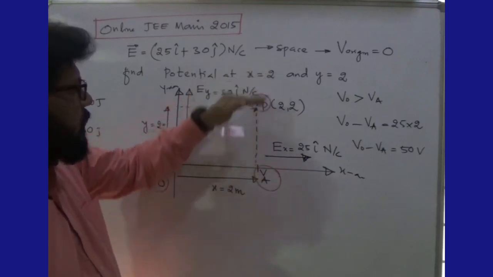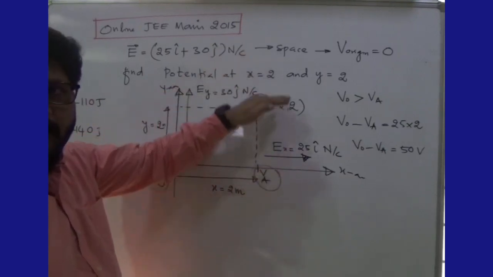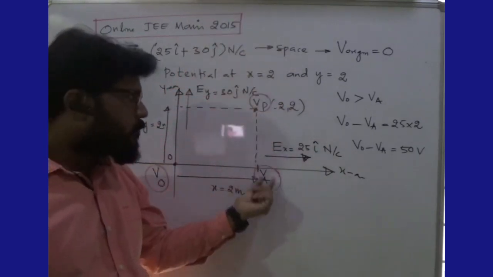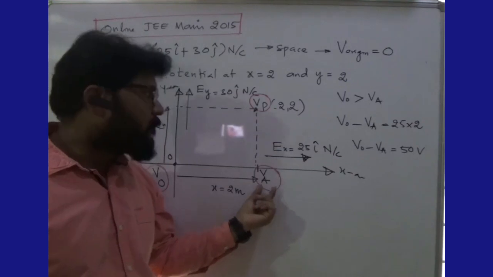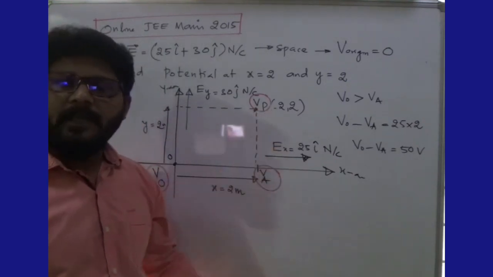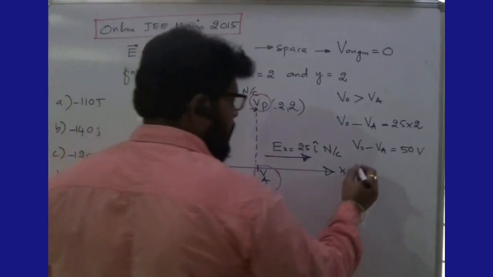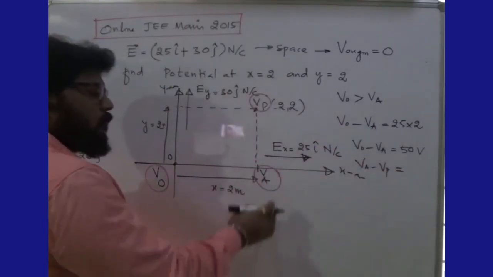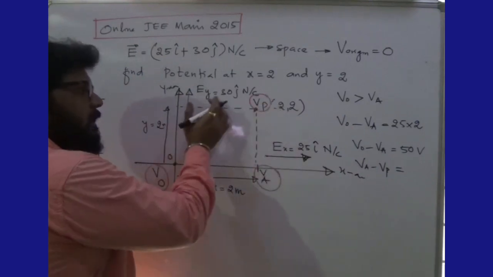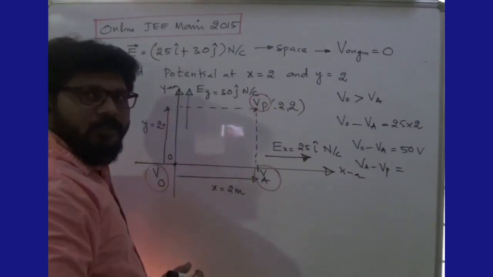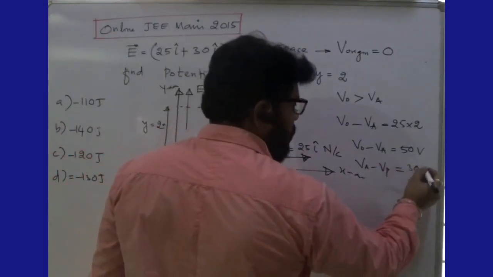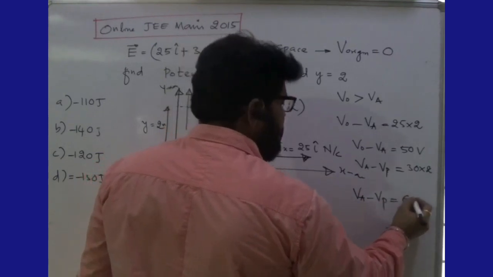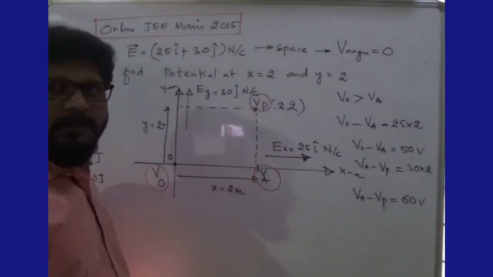Again we are going in the direction of the electric field, so the potential should decrease. VA is greater than VP, so it is positive. VA minus VP is 30 into 2, which is 60 volts.